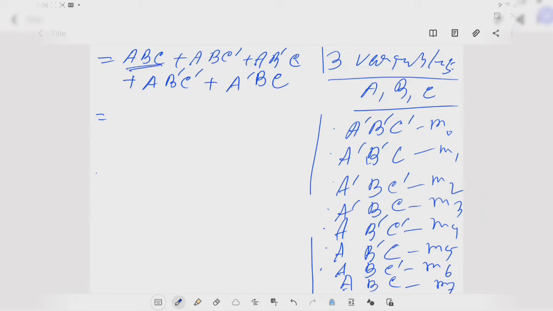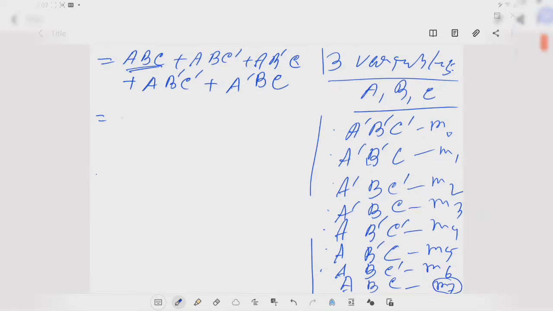This ABC is actually minterm 7, M7, plus ABC prime is M6, plus AB prime C, M5, plus AB prime C prime, M4, plus A prime BC, M3.